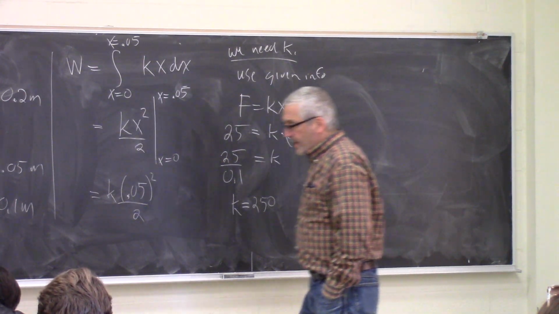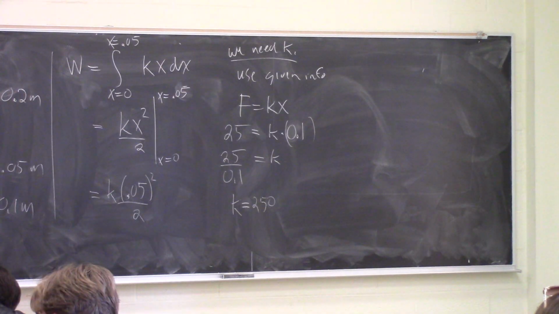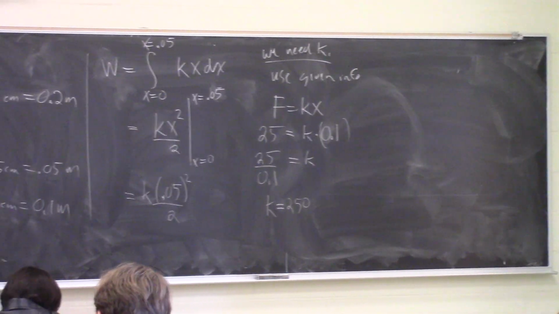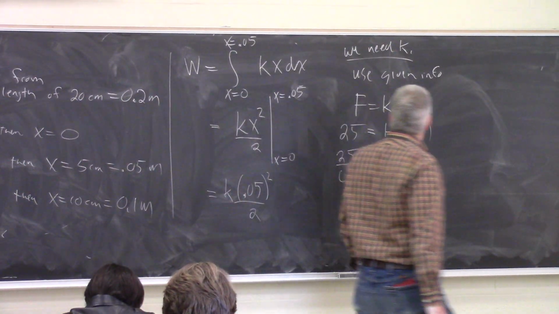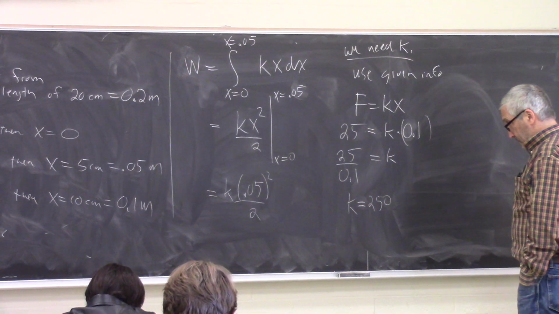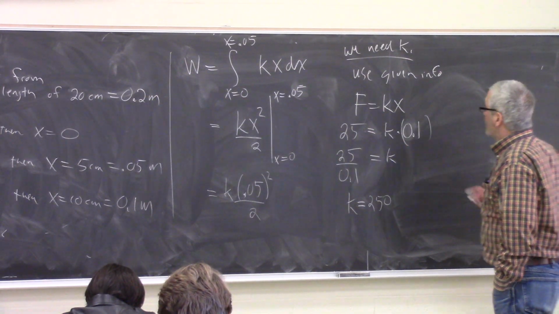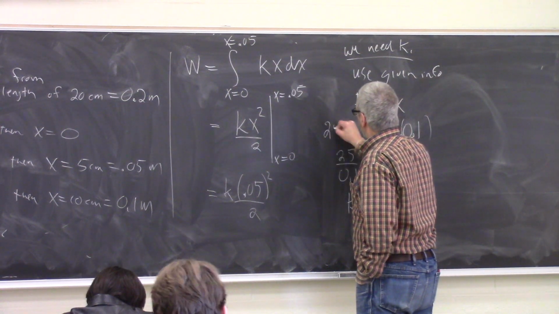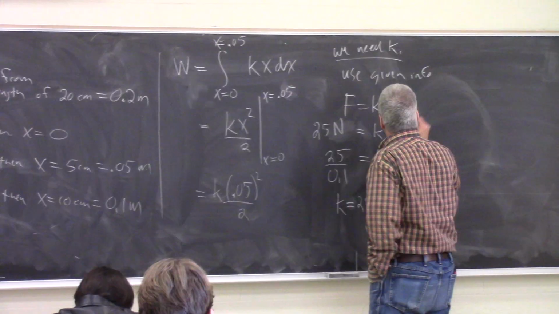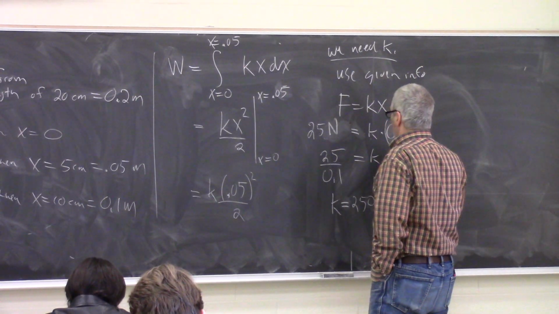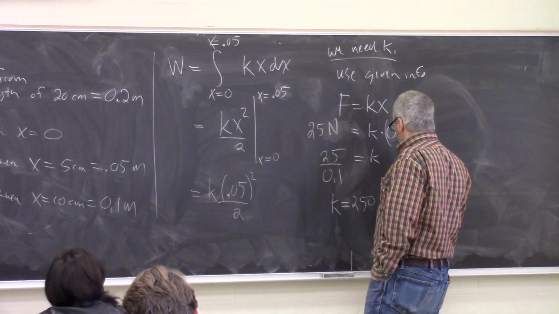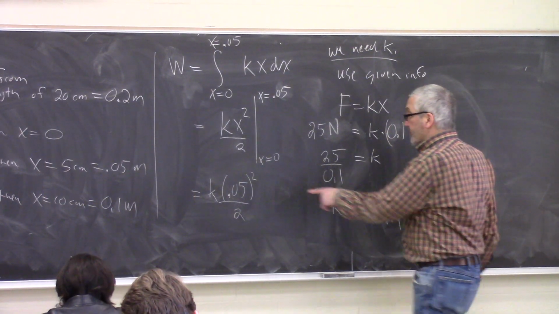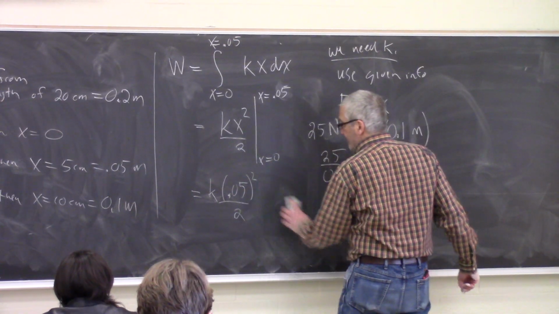So let's go back and be careful about the units here. In this equation, force equals kx, let's put units in. 25 newtons equals k times 0.1 meters. So when I divide, I get 250 newtons per meter. And in this equation, 0.05 is the number of meters.